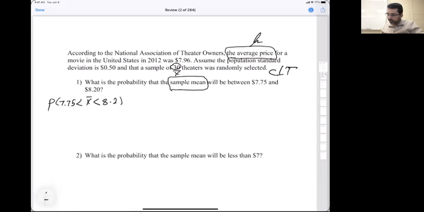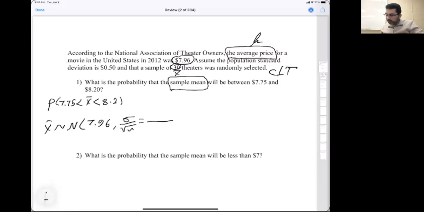That means that x bar follows a normal distribution with the same mean as the population, 7.96. But the standard deviation we need to calculate, because it's sigma divided by the square root of n.